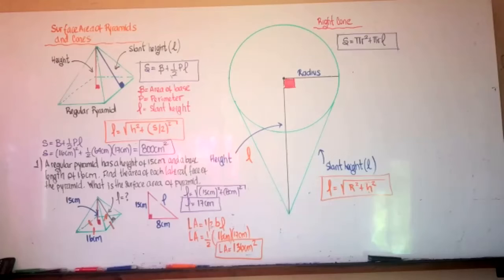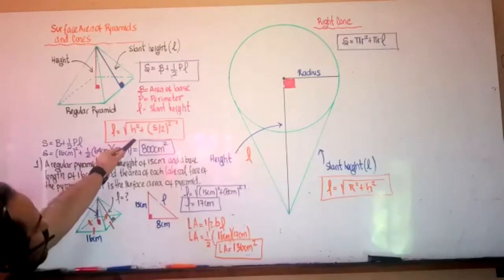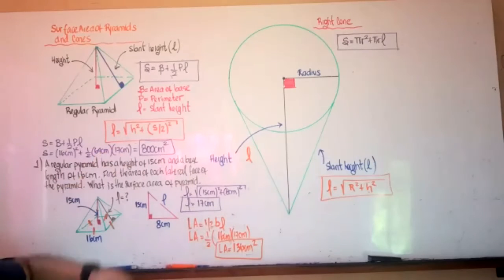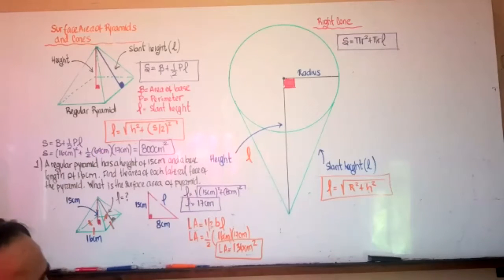Mister, ¿por qué cuando hizo el right triangle, por qué dividió 16 entre 2? Porque se toma la mitad de la base. Según la formulita que le di yo, la L es H al cuadrado más S sobre 2, donde S viene siendo la medida de la base.